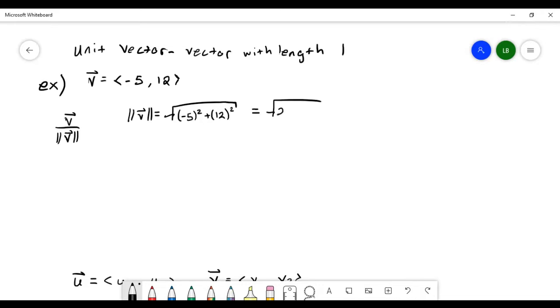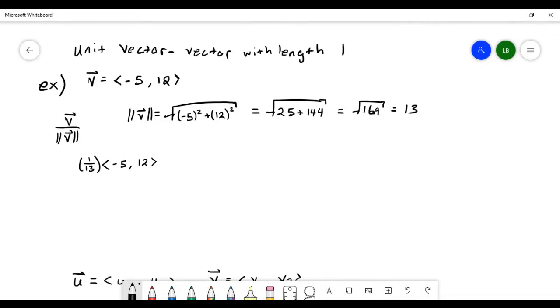And we get the square root of 25 plus 144, which is the square root of 169, which is equal to 13. So we simply need to take this vector, -5, 12, and when we divide by 13, we're essentially multiplying by 1 over 13.